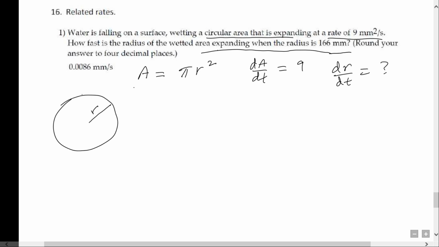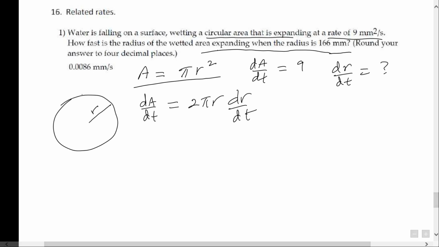So to do this, we look at the area equation and take dA dt. That is equal to 2 pi r, which is the derivative with respect to r, but you have to multiply times dr dt, which is the chain rule.